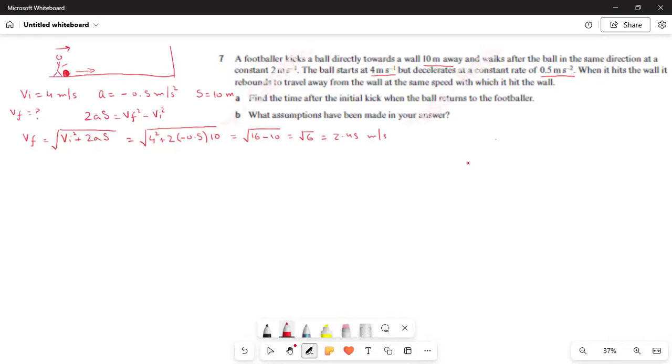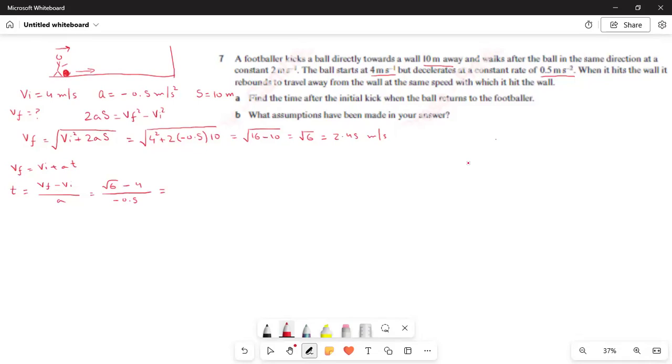Okay. Now, how long will it take to reach over there? I will use the first equation, which is VF equals VI plus AT. Rearranging this equation, T is equal to VF minus VI over A. So final velocity, if I leave it as it is, is root 6, minus initial velocity was 4, and acceleration was minus 0.5.